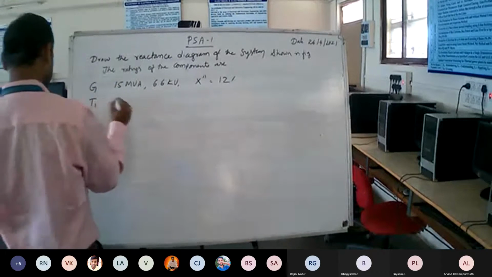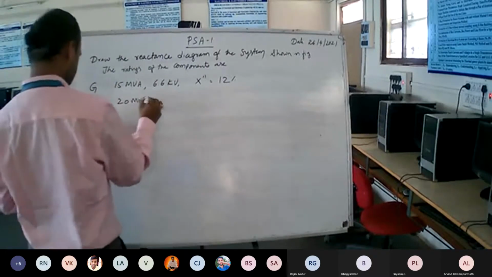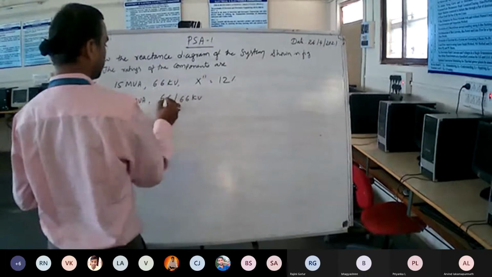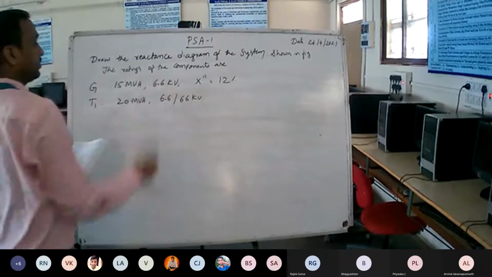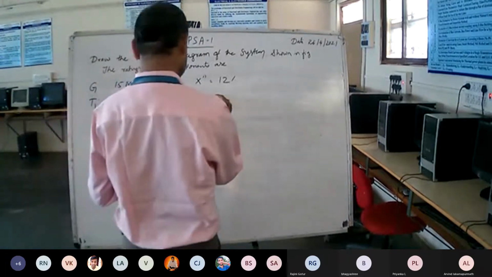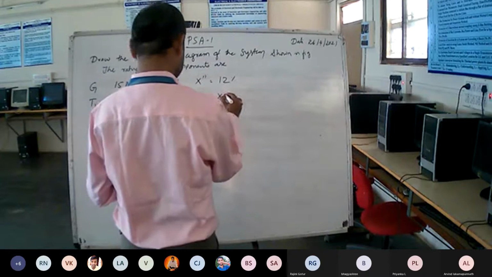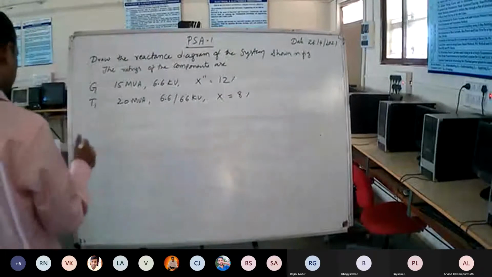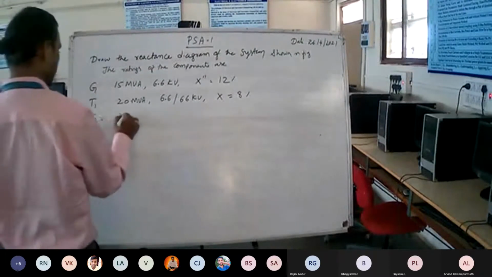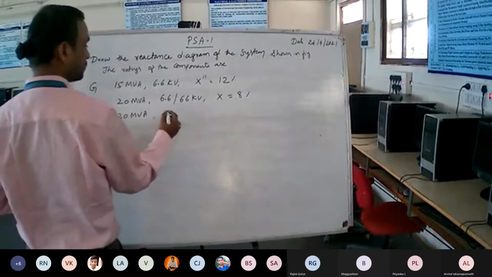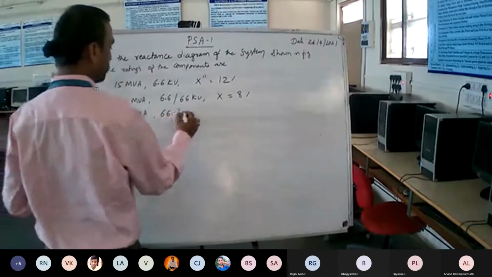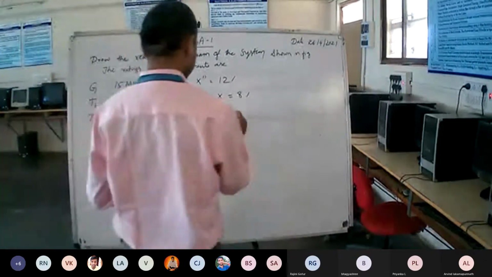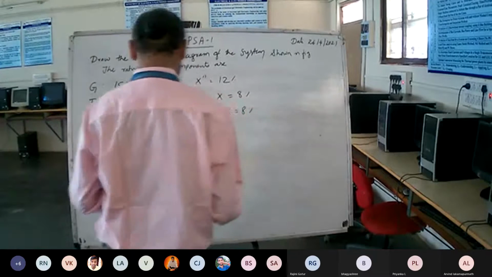Transformer 1, 20 MVA, 6.6 kV or 66 kV, X is 8%. Transformer 2, again 20 MVA, 66 kV by 6.6 kV, X is again 8%.